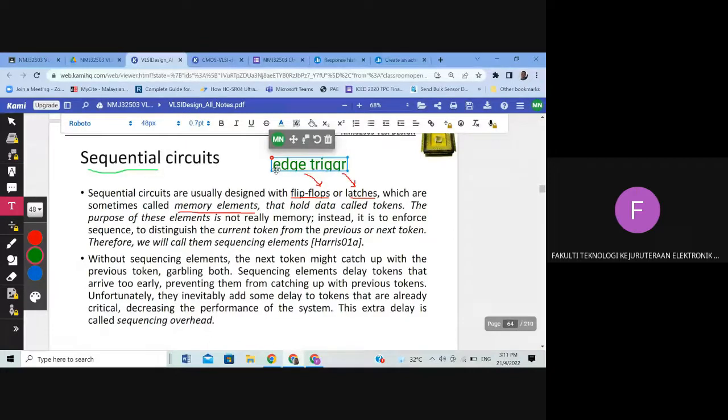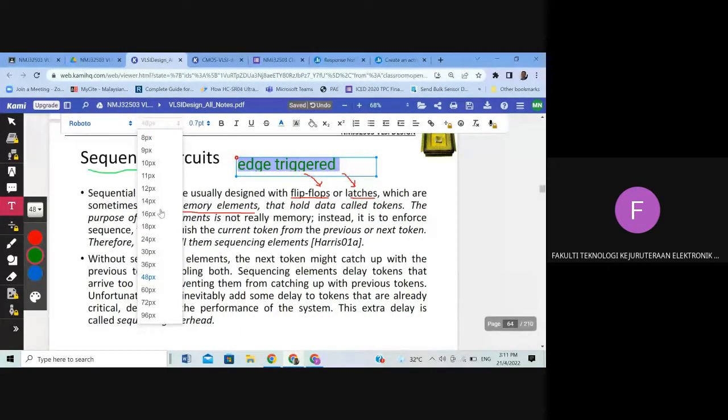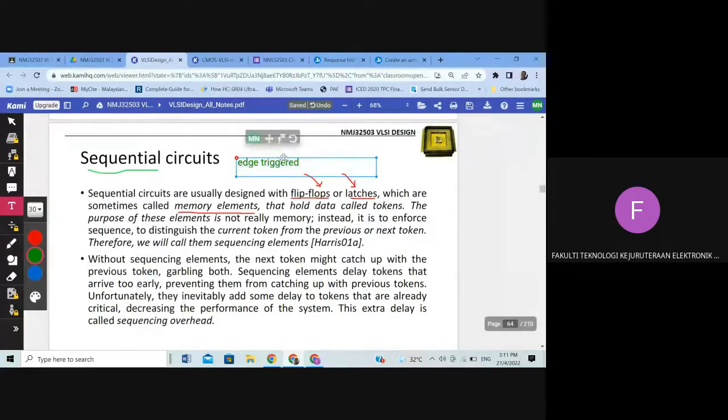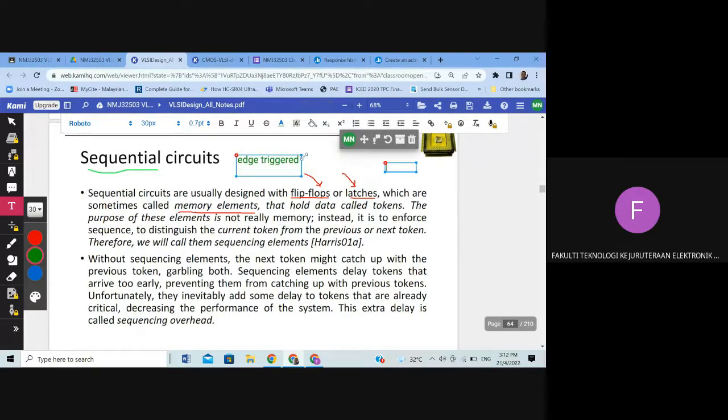Edge triggered, while the latches are level triggered.